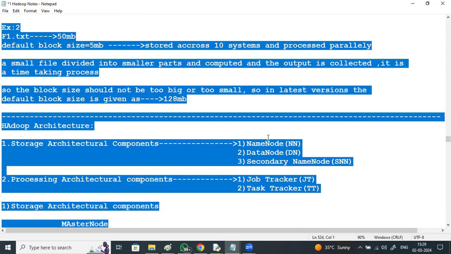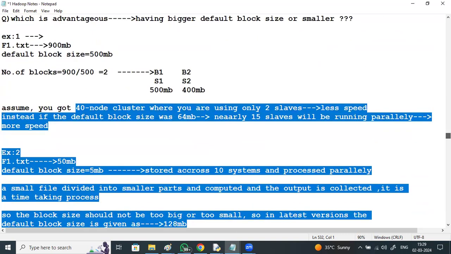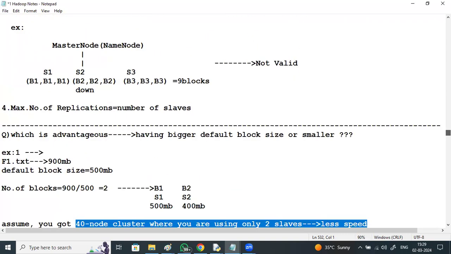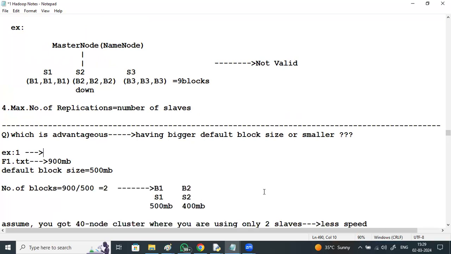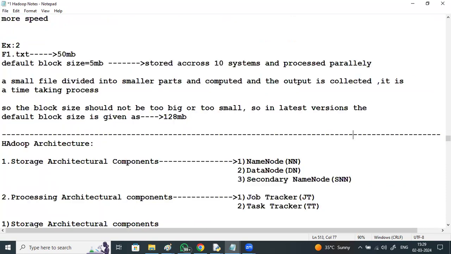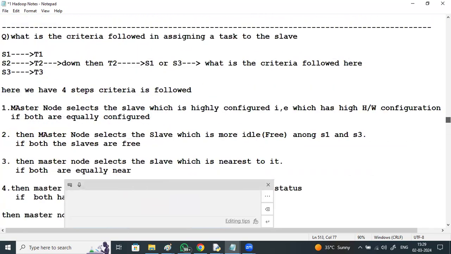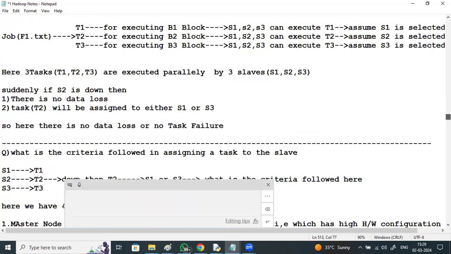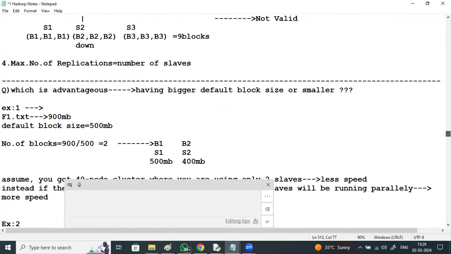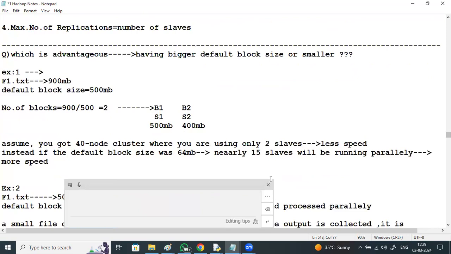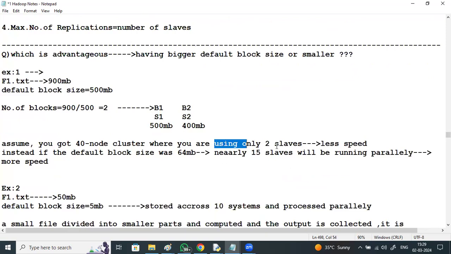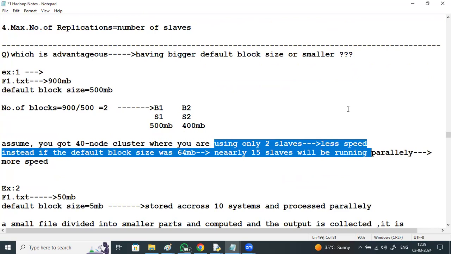Assume you have got a 40 node cluster where you are using only 2 slaves. Less speed, right? For example, for building construction, you got some 30 labors, but you are using only 2 labors to work.